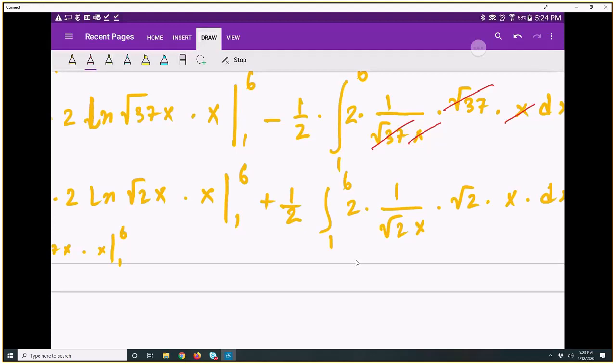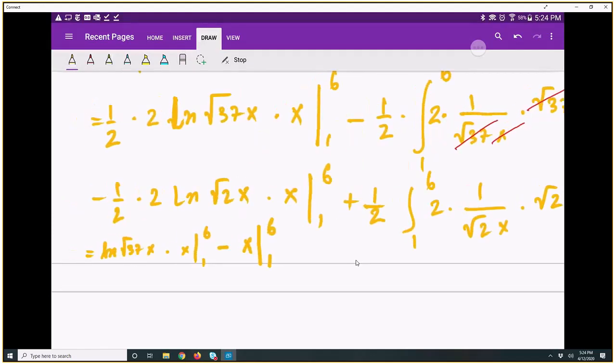Integration dx is x. So I will get integration 1 to 6 of dx, and I will get x from that. So that's minus x between 1 to 6. Then the next bit is negative 1/2 times 2, so cancel them, and you get minus natural log of square root of 2x times x, and limits are 1 to 6.